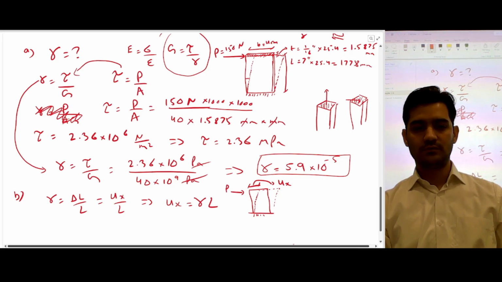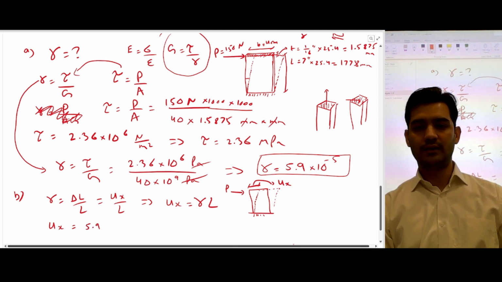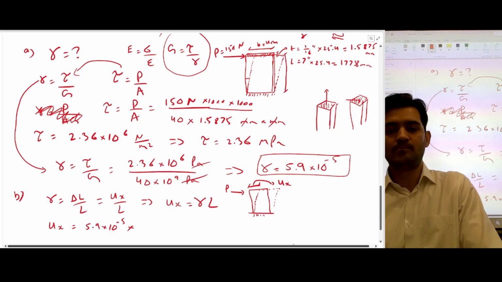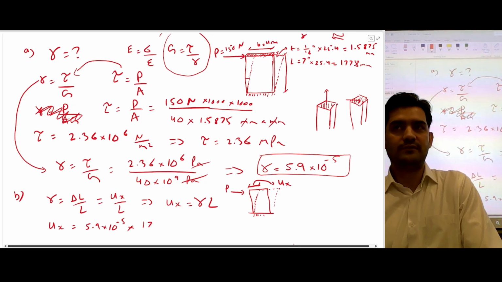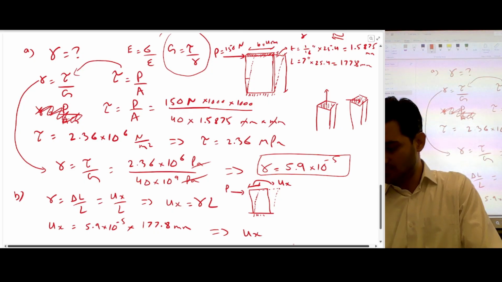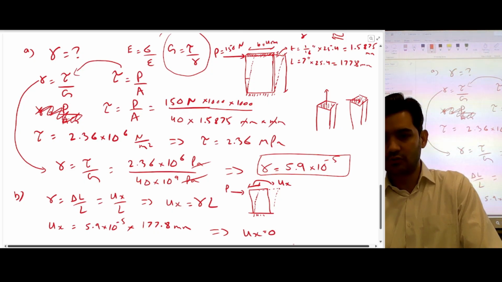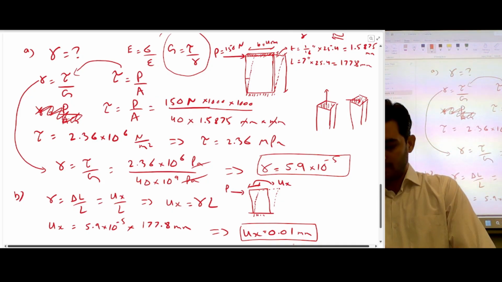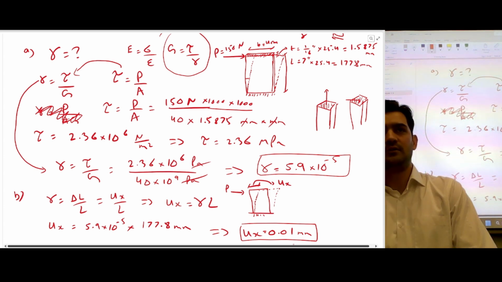So u of x would be equal to strain 5.9 into 10 raised to the power minus 5, and the length would be 177.8 millimeter. So u of x would be equal to 0.01 millimeter. That's the distance which will be moved by this applied force, 150 Newton.